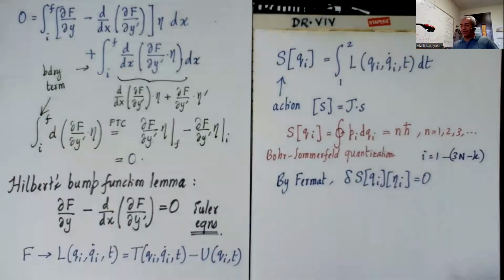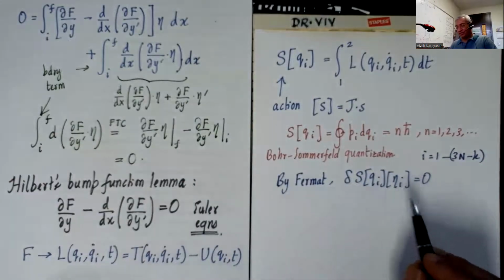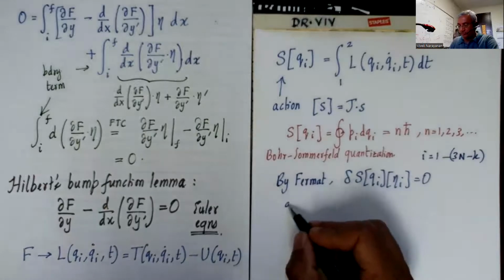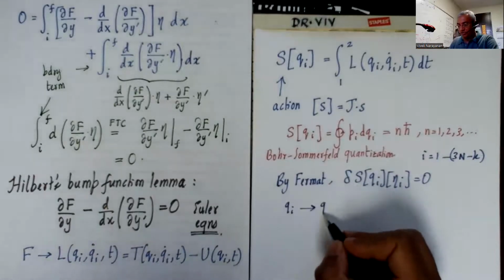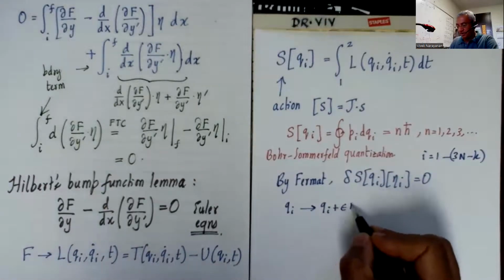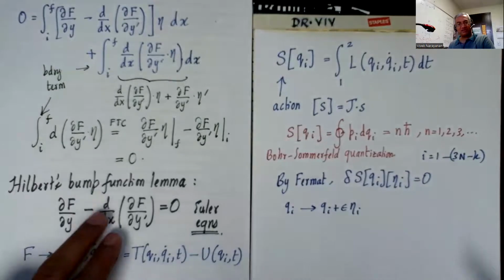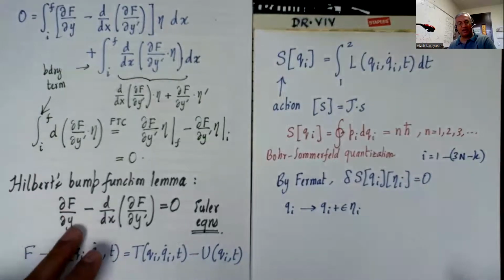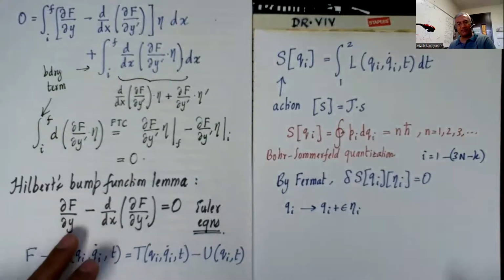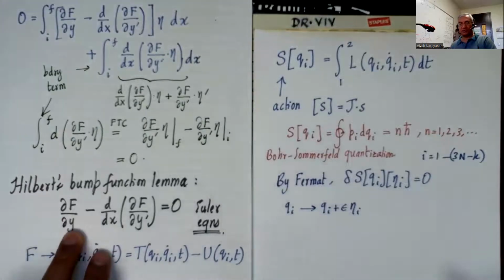Very many equations. And eta I, so each of these Qi's is perturbed to Qi plus epsilon eta I. So you can imagine the generality of the problem. It's pretty general. So I get the exact same thing with L replacing the function f and Qi replacing the function y.